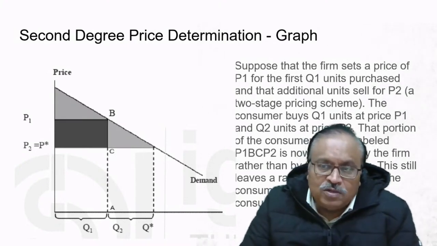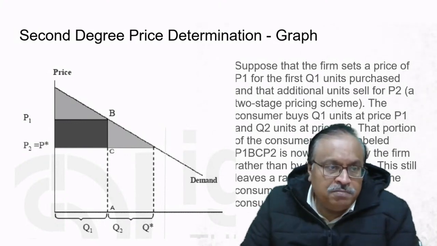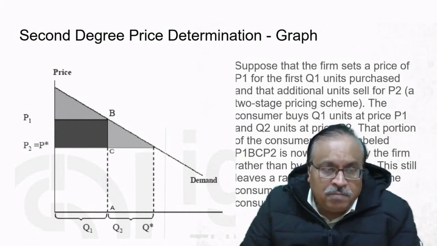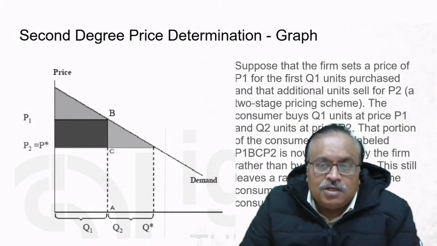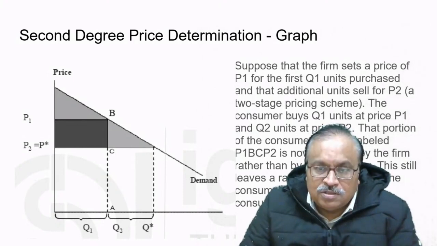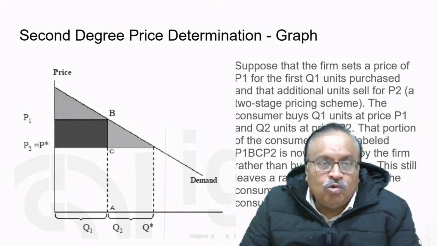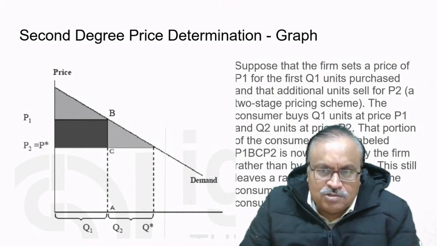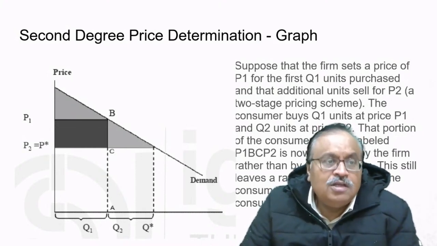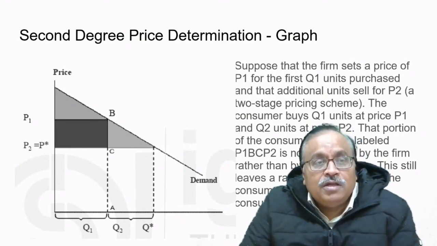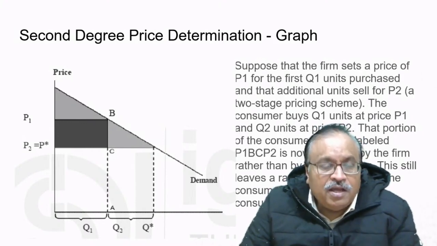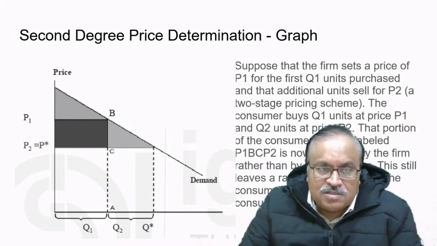That portion of the consumer surplus labeled P1 B C P2, this black part of the graph, is known as consumer surplus and is now captured by the firm. This still leaves a rather large portion of the consumer surplus in the consumer's hands. So P1B is one area where the consumer surplus is still there.